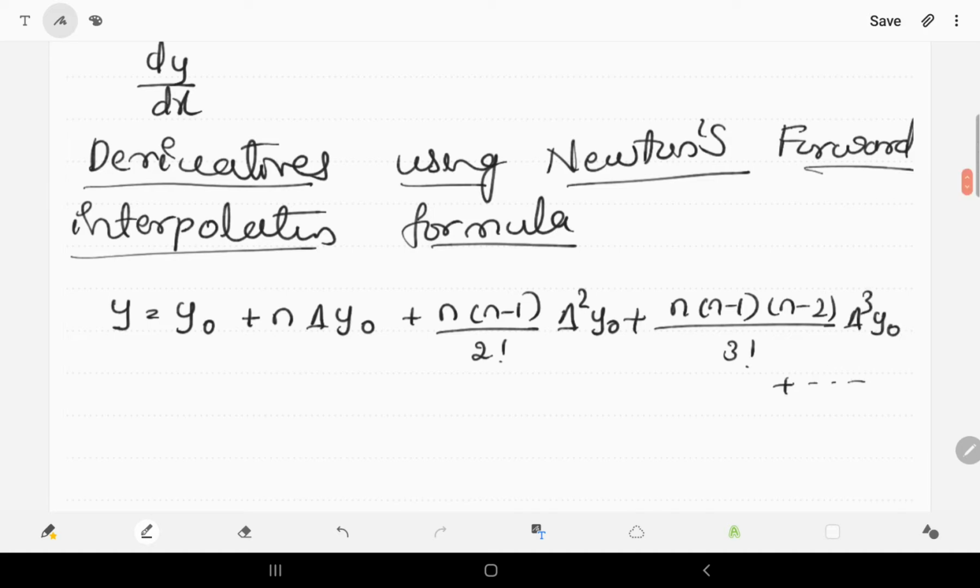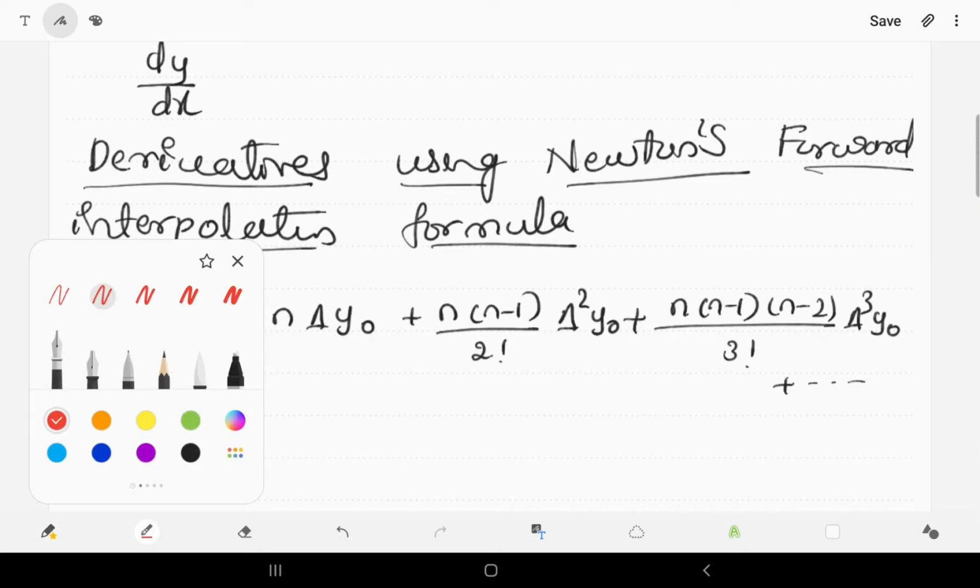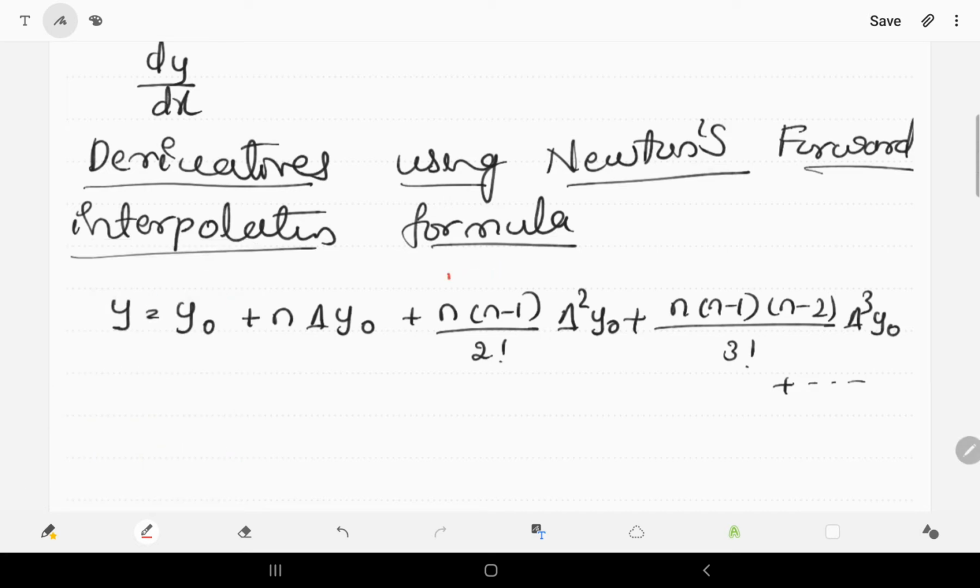Okay, so the product of these two is given by n square minus n, and the product of these three is n cube minus 3n square plus 2n, and so on.